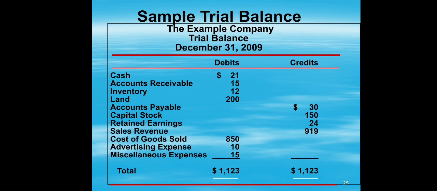But if you see that the total in the debit side does not equal the total in the credit side, then you know there is something wrong in step 1 or step 2 or step 3 of the accounting cycle that you have done before.